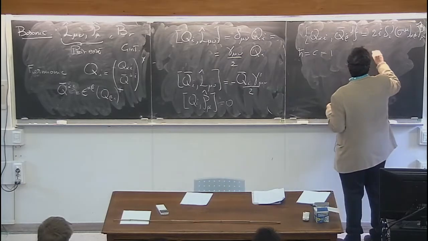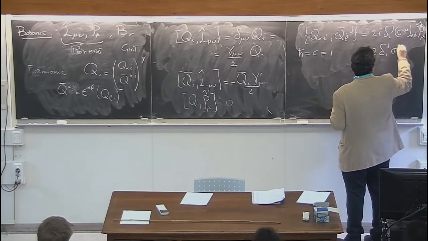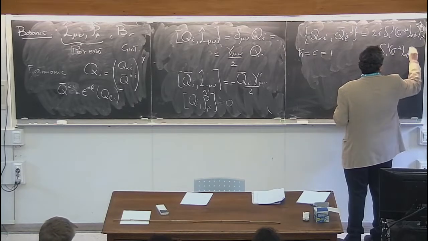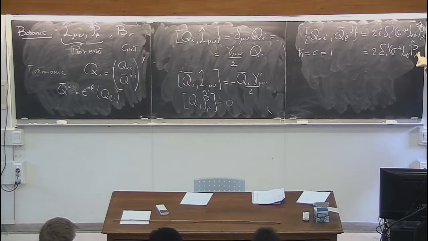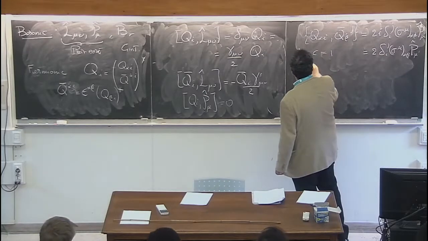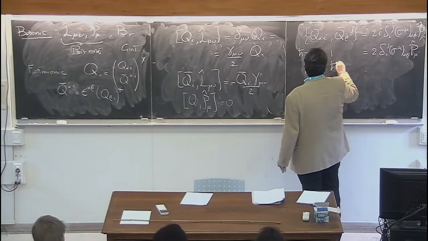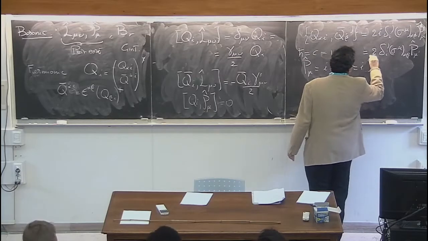So this can also be written as twice delta ij sigma mu alpha beta straight p, which is the 4 momentum operator, remembering that straight p mu is equal to IH p mu, and in our notation is simply I p mu.